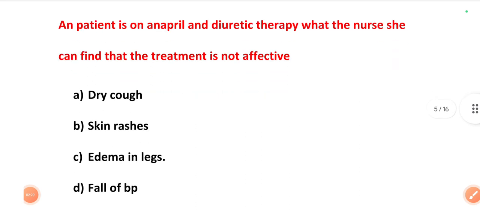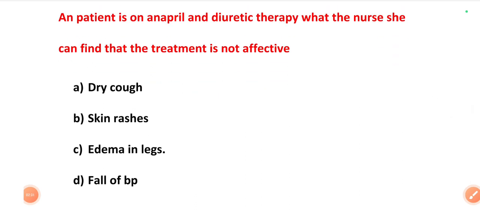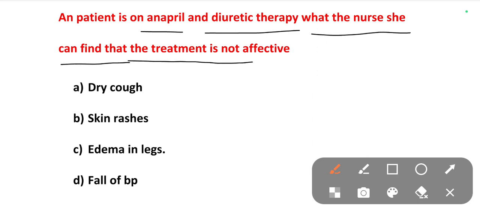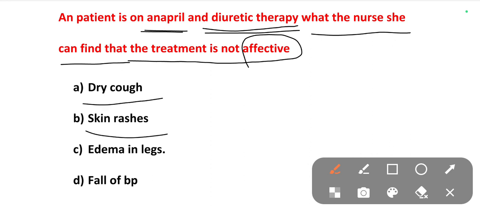The next question is: a patient is on enalapril and diuretic therapy, and what can the nurse find that shows the treatment is not effective? For example, the nurse is giving care for a patient on enalapril and diuretic therapy. How can she understand that the treatment is not effective? Options are dry cough, skin rashes, edema in legs, and fall of blood pressure.